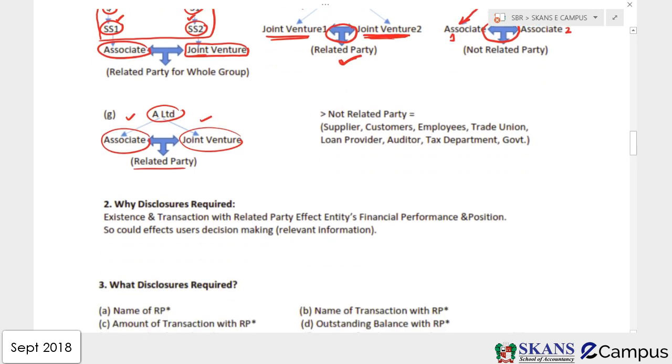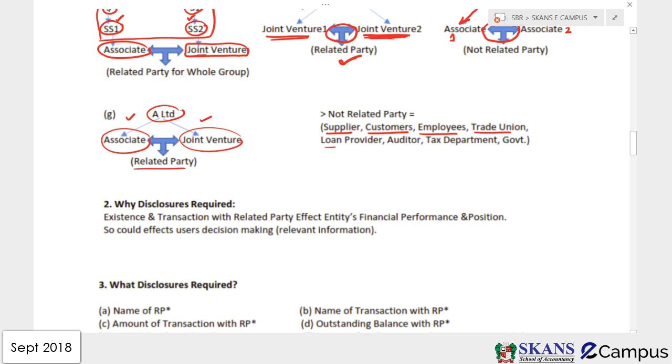Okay, now guys, the companies that would not be your related party due to the relationships of supplier. If you have a supplier, then the supplier in the capacity of supplier cannot be a related party. Your customers cannot be your related party. Your employees, other than directors and key management persons, cannot be your related party.